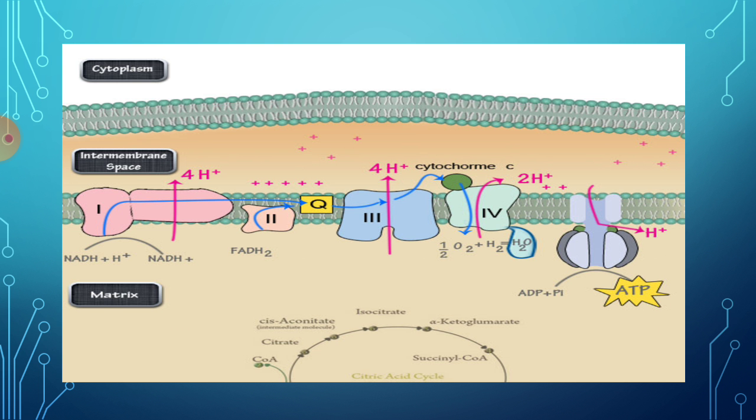That is called terminal oxidation. Thus, during oxidation of FADH2 into FAD, 2 electrons are transported from complex 2 to complex 3, complex 3 to complex 4, finally to the oxygen. There is no involvement of complex 1 in this process.